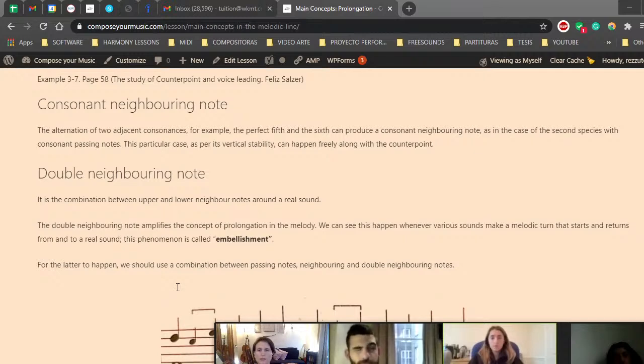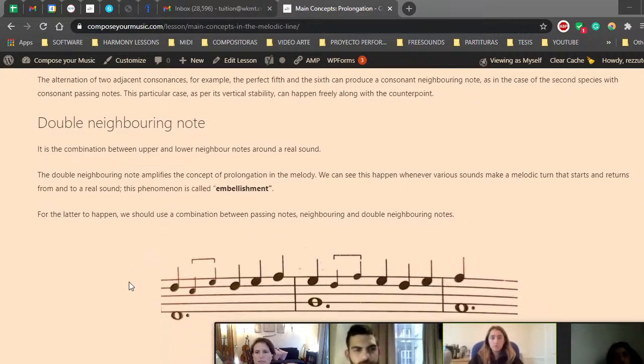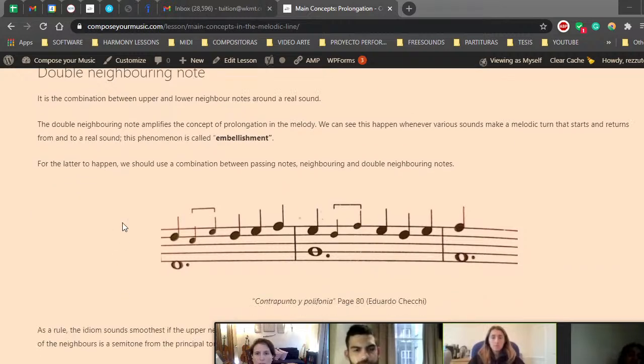Double neighboring notes. It is the combination between upper and lower neighbor notes around a real sound. The double neighboring note amplifies the concept of prolongation in the melody. We can see this happen whenever various sounds make a melodic turn that starts and returns from and to a real sound.